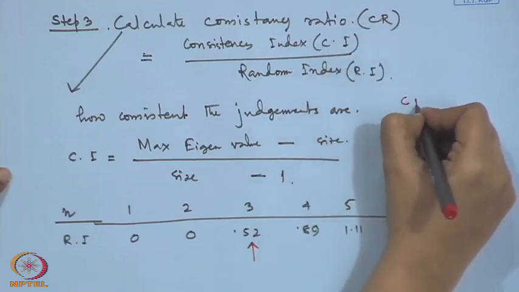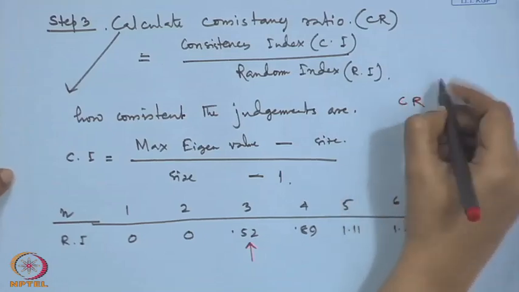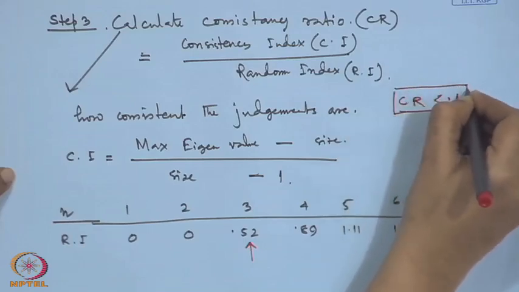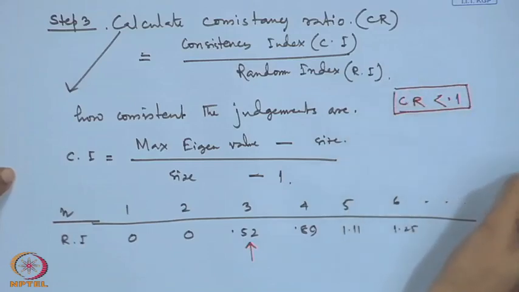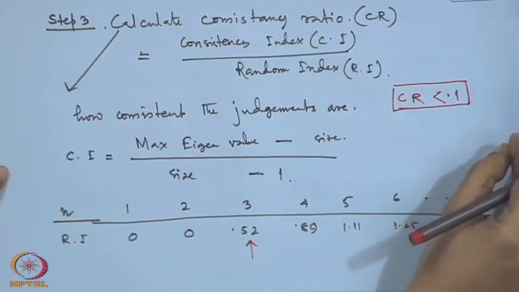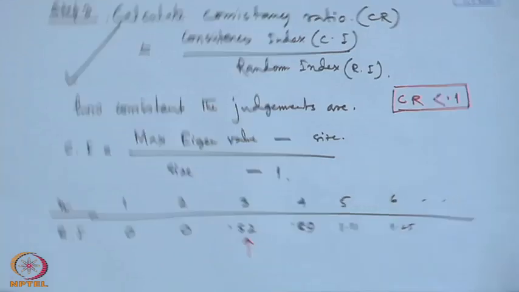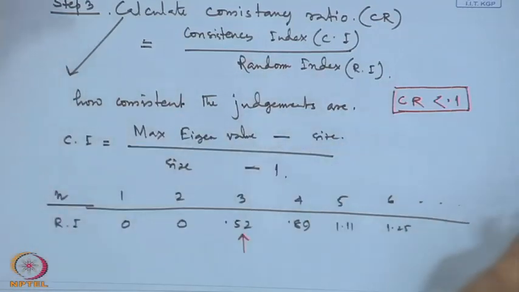If the consistency ratio is less than 0.1, then we conclude that the judgment the decision maker has given before is consistent enough. Otherwise, if the CR value is more than 0.1, then the judgments are untrustworthy, and accordingly we have to revise the data set, revise the pairwise comparison information, and reconstruct the matrix. That is about the judgment about the information given.